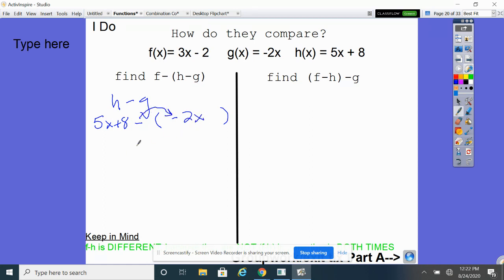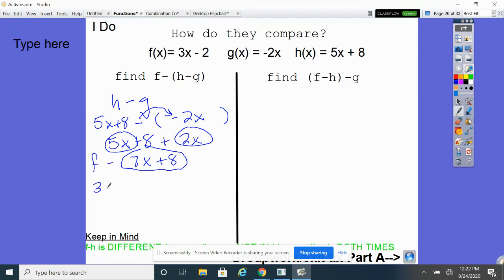The negative goes in, changes the symbols. That becomes 5x plus 8. Negative and negative is positive 2x, which becomes 7x plus 8. I just combined the like terms. That gave me 7x's.